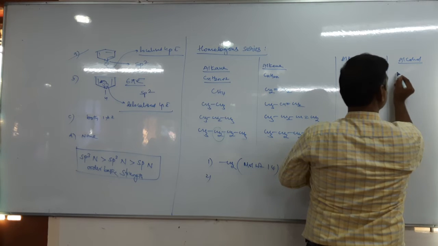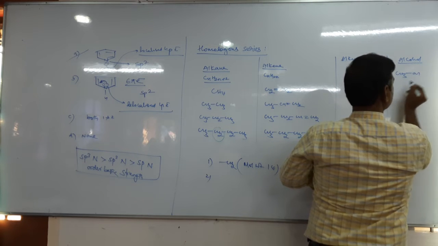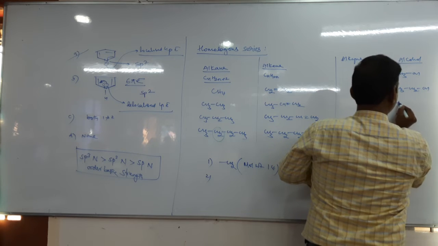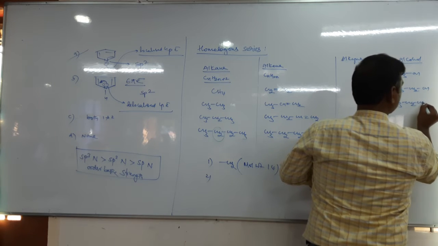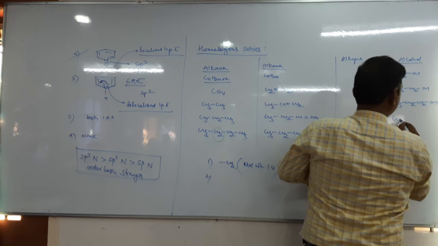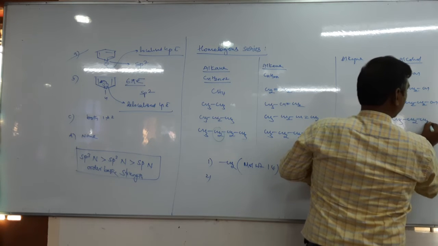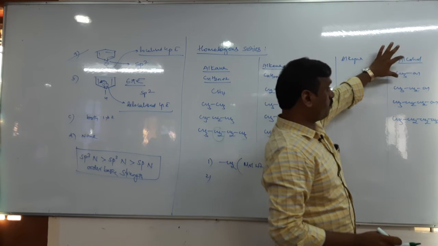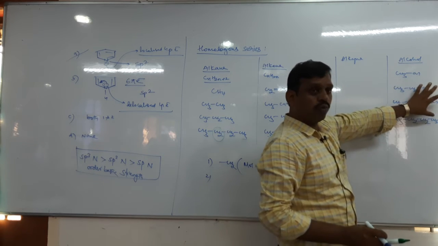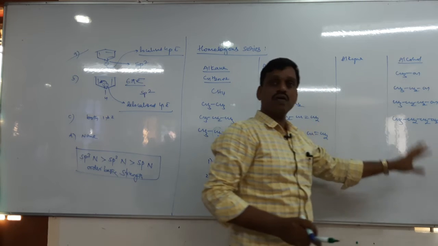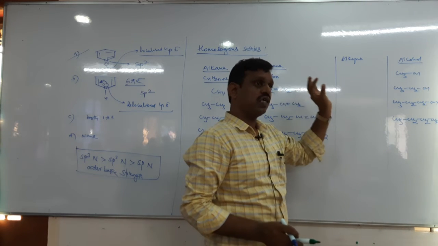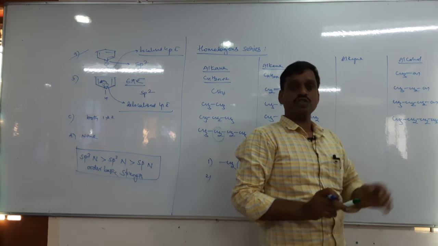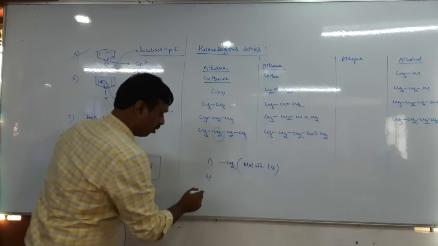The first member of alcohol is CH3OH, the second member is CH3CH2OH, and next also one carbon goes on increasing. If any one member has an alcoholic OH group, all the members must have the same group. That means if a functional group is present, all the members must have the same functional group. That is the second point.